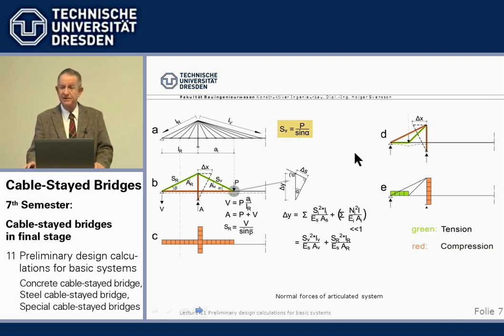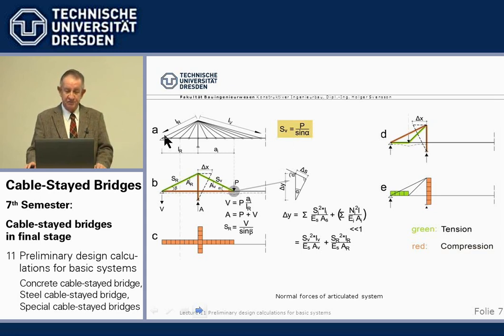And I repeat from earlier lectures, where we had all this in principle, which we now do with figures. If we have a vertical force here, then the cable component, if we assume all this is hinged, is the force divided by the sine of alpha. That's the basic formula with which you can more or less calculate all the normal forces of a cable stayed bridge.